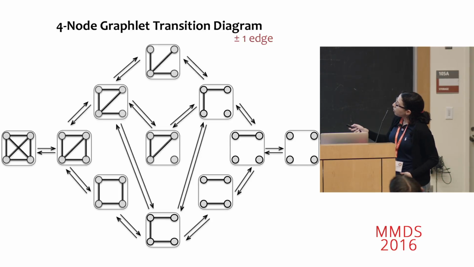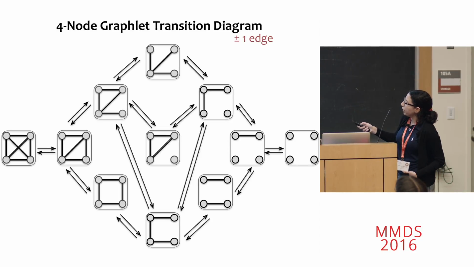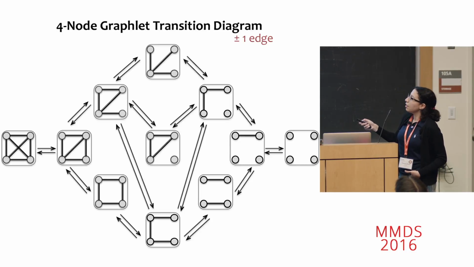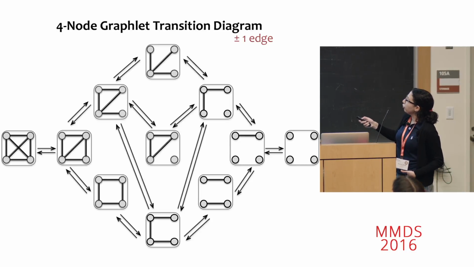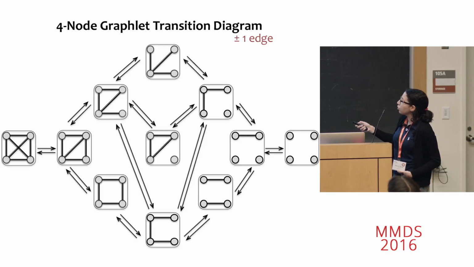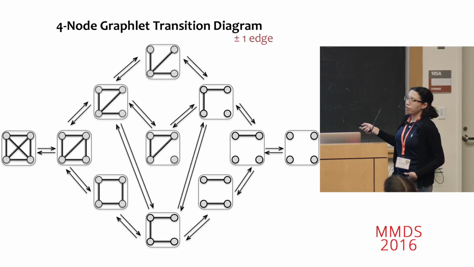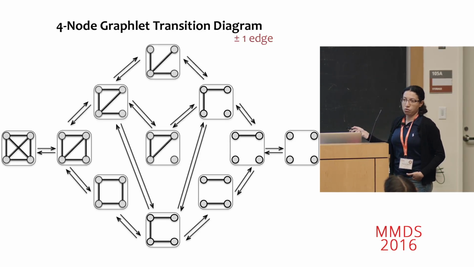To give you an example, this is the 4-clique. If you remove any of the edges in the 4-clique, that will give you a chordal cycle. Now, if you are dealing with the chordal cycle, you remove any of the edges, and that could give you multiple different graphlets, for example, the cycles. Now, if you are dealing with the cycles, you could move to another graphlet like the chain and so on and so on.